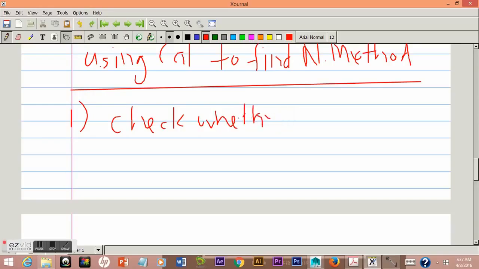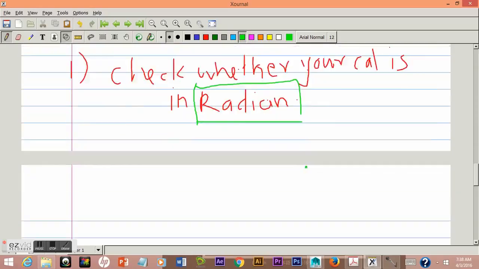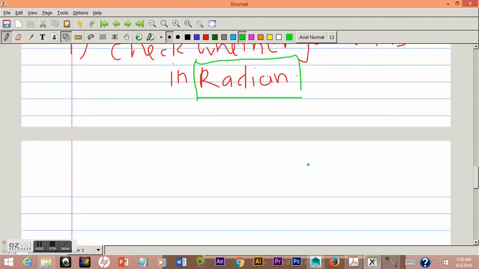After that, select your first approximation. In this case, we are using x1 equal to 1.